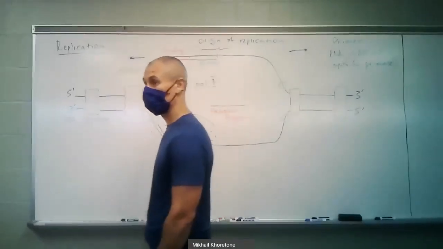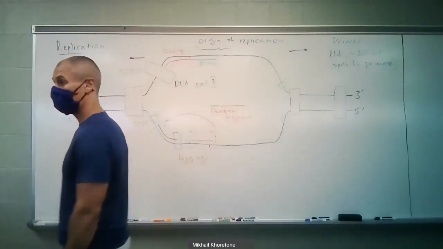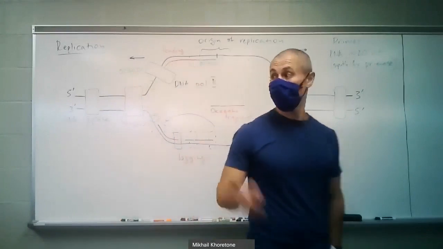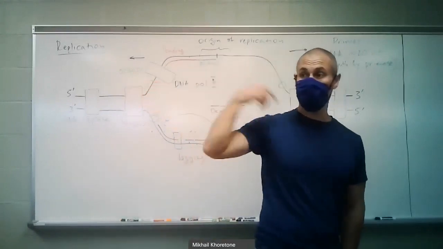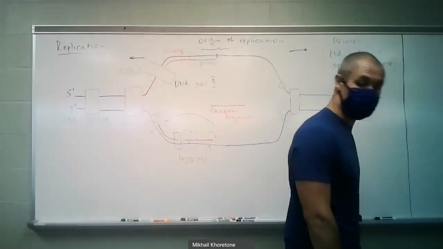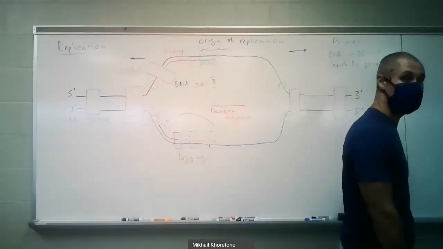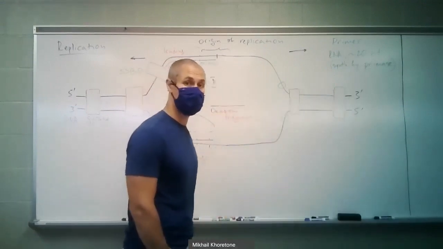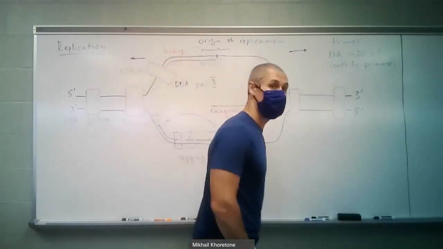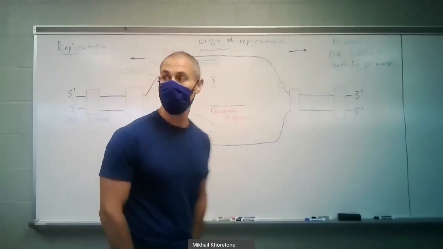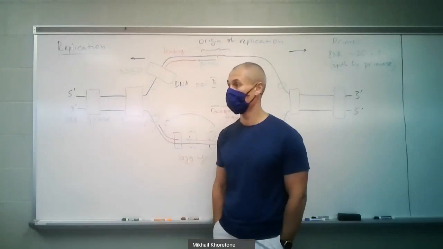Right? No interruptions. I'm moving forward. Now, replication fork goes the same way, but now I'm DNA polymerase 3 on the lagging strand. Look at me. Look what I'm doing. Make a giant leap backwards and then synthesize forward. Giant leap backwards, synthesize forward. Does that make sense?